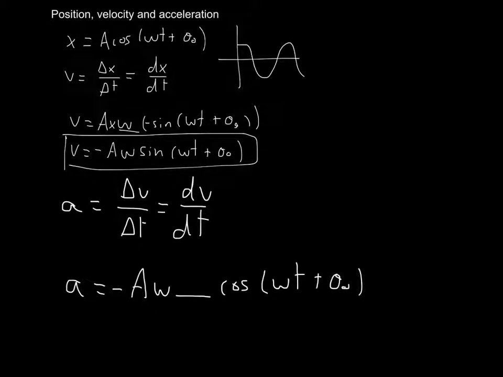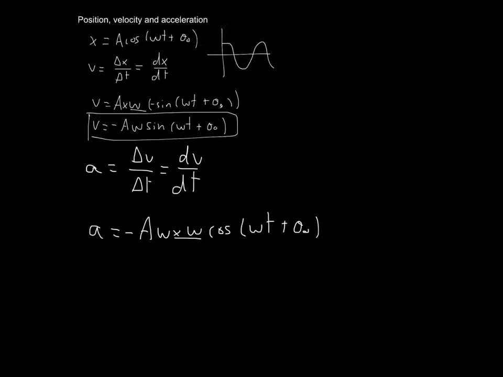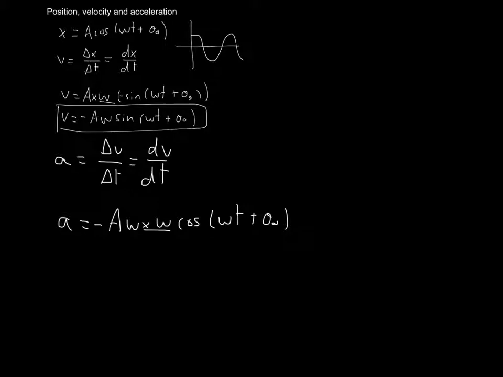And now we need to decide what goes in here, and what goes in here is the derivative of what's inside here. And again, the derivative of what's inside here, that's 0, and that's just omega. So we need another omega over here. Cool. So we have that the acceleration is just this times omega times this. And we can make this look a little prettier.